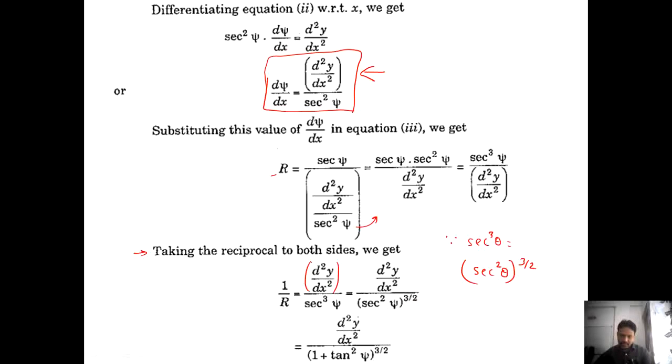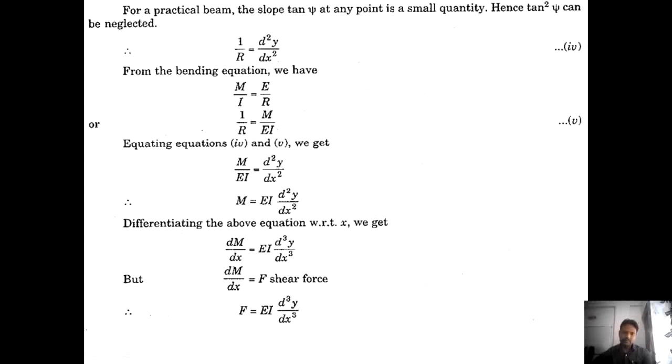And the formula for sec square phi is 1 plus tan square phi. So d2y by dx square by 1 plus tan square phi to the power 3 by 2. Okay, final term. Now for the practical beam, the slope tan phi at any point is a very small quantity, hence tan square phi can be neglected. Which angle have we taken as the slope?